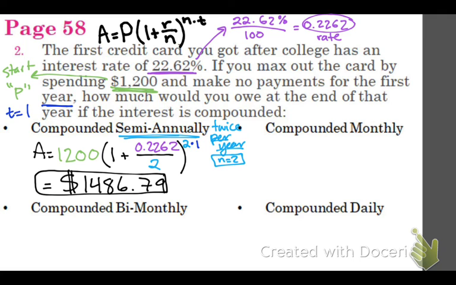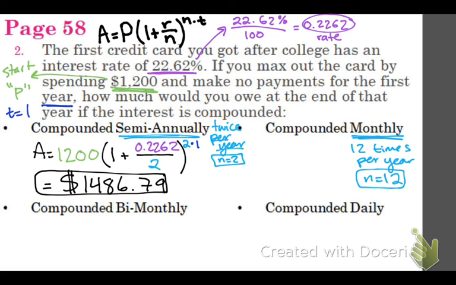Okay, let's just talk about what our n would be for these last ones. If something's happening monthly, how many times per year? 12 times per year. So we would put n equals 12. Compounded bi-monthly. This is one of those that you're just going to have to remember, and it's kind of weird. We said bi-weekly was every 2 weeks. Bi-monthly is going to be twice per month.